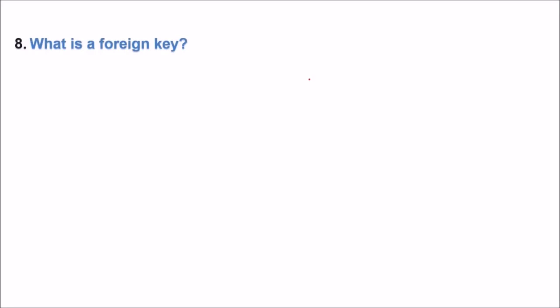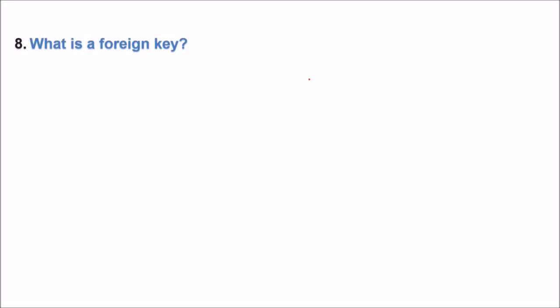What is a foreign key? If there are two tables, and one table has a primary key, and the second table also has that column, then in the second table we call it a foreign key, because the column is the primary key of some other table.